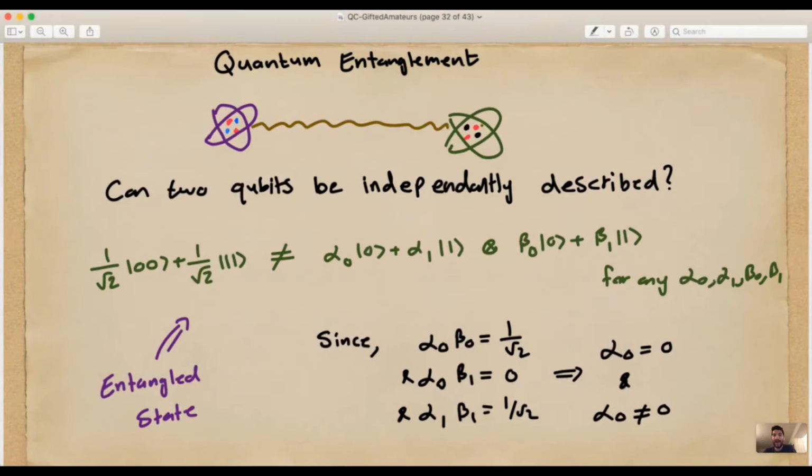Very good question. Yeah, and there's also a technical detail here. Maybe I should bring it up. If this goes over your head, that's okay.